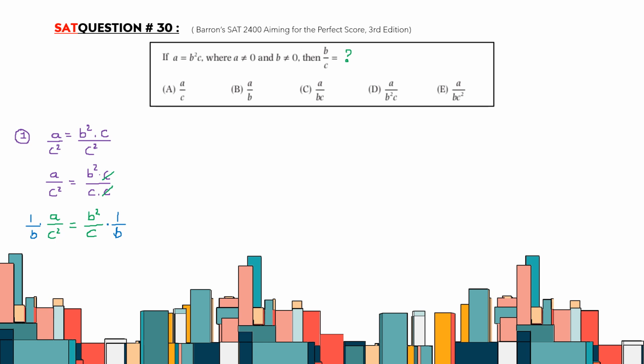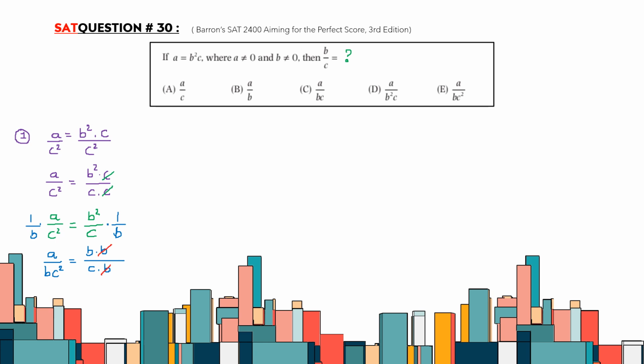So now we have A over B times C squared equals, at the numerator, B squared is B times B, and at the denominator we have C times B. Now we can cross off one B, right?